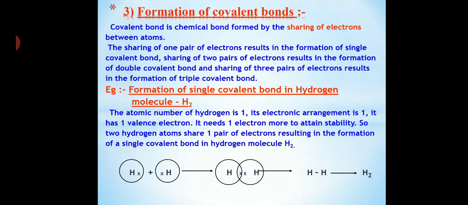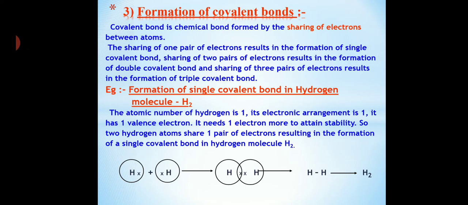A covalent bond is a chemical bond formed by sharing of electrons between atoms. The sharing of one pair of electrons results in the formation of a single covalent bond. Single covalent bond means sharing of one pair of electrons, meaning 2 electrons. Pair means 2, right?